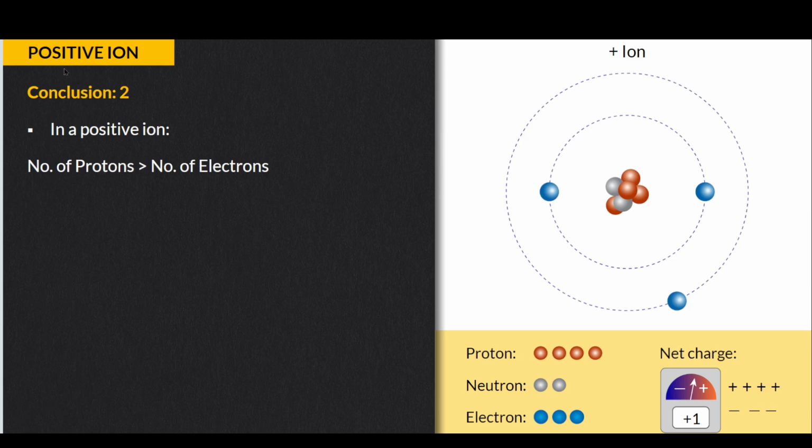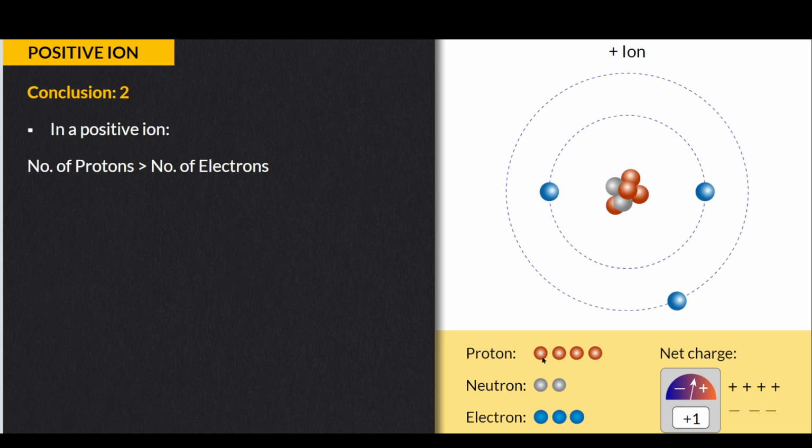Okay. So a positive ion is the case when an electron is transferred. When an atom gains or loses an electron, it becomes an ion from an atom. So this is a positive ion because it has lost one electron. Usually the number of protons and electrons are equal. If there are 4 protons, there should be 4 electrons for an atom. But it lost one electron and transferred it to another atom.